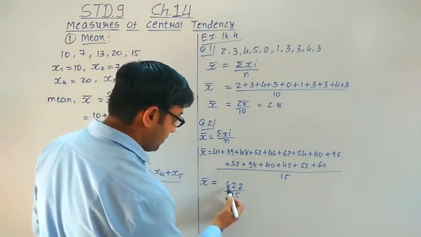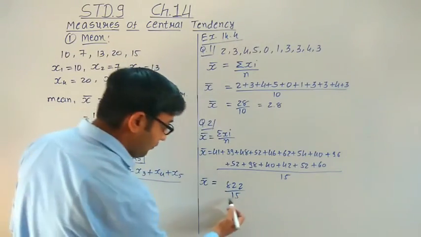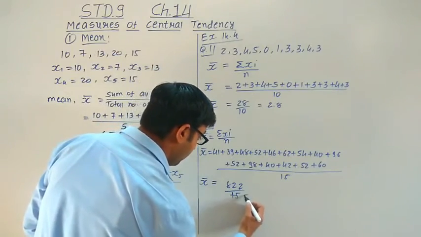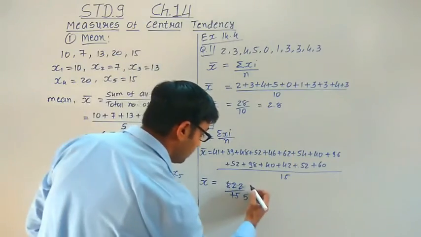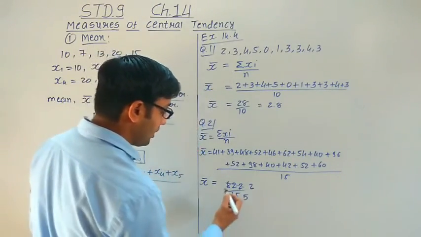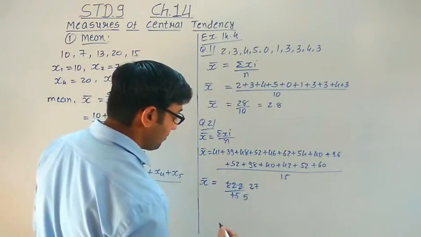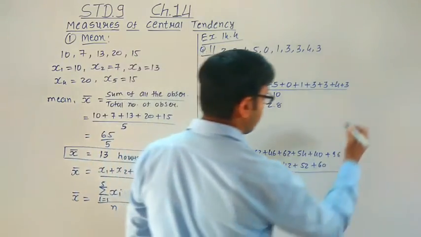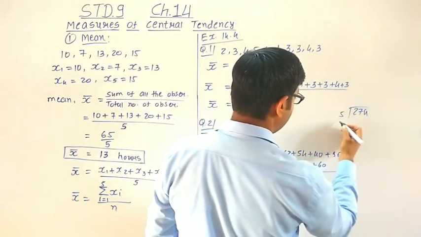See here, this number 8, 2, 2, it is divisible by 3. 15 is also divisible by 3. So 15 divided by 3 is 5. Here we get 3 twos are 6, 3 sixes are 18, 2 is the carry, 21. 7 threes are 21. 1 is the remainder, 12. So 3 fours are 12. 274 upon 5.